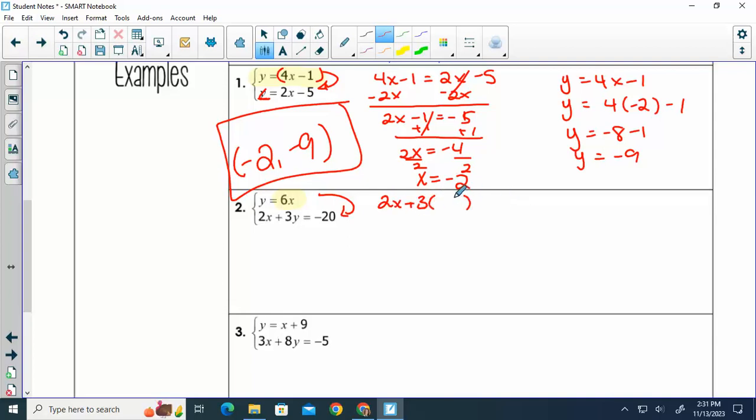But what are we plugging in for y? So 3 times 6x would be 18x. 2x plus 18x is 20x.